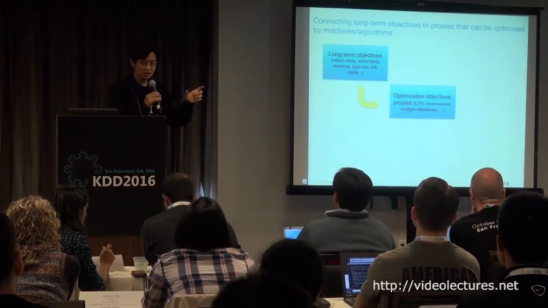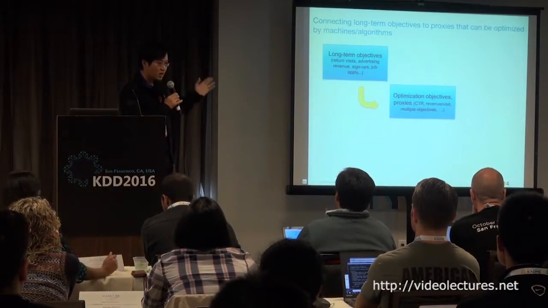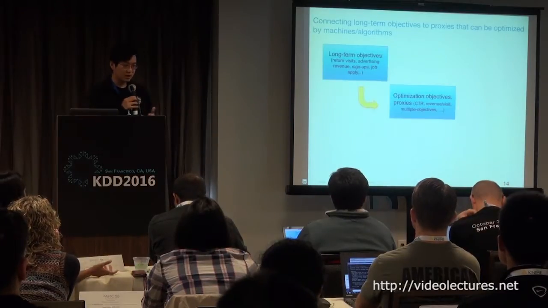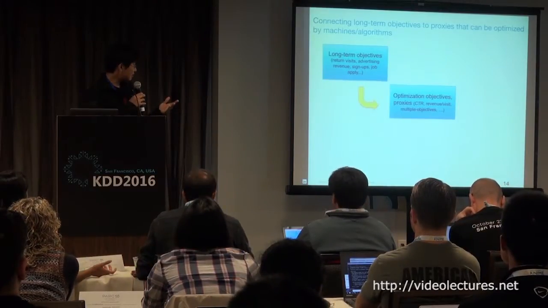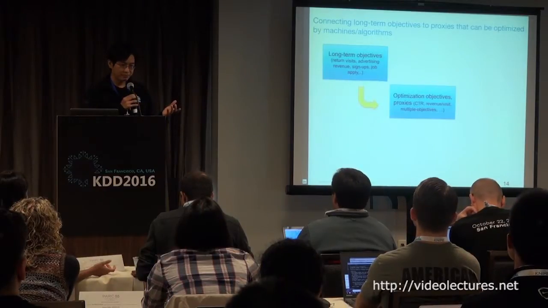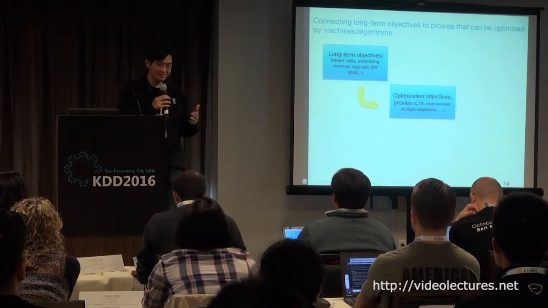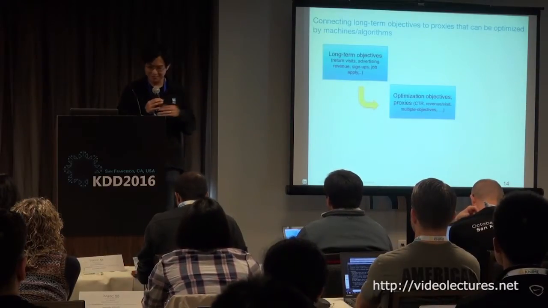Usually those are proxies for the long-term objective. For example, here we may use click rate as the optimization objective, in the hope that if users click more, then they probably will come more often.